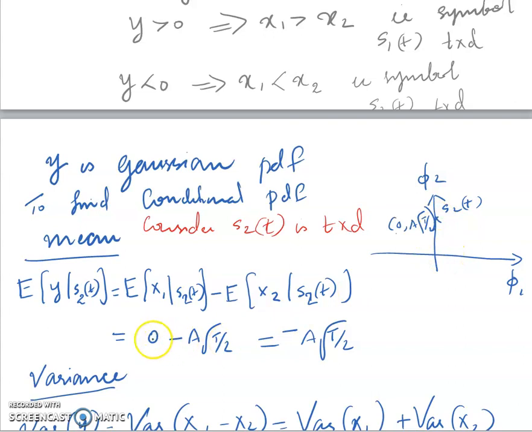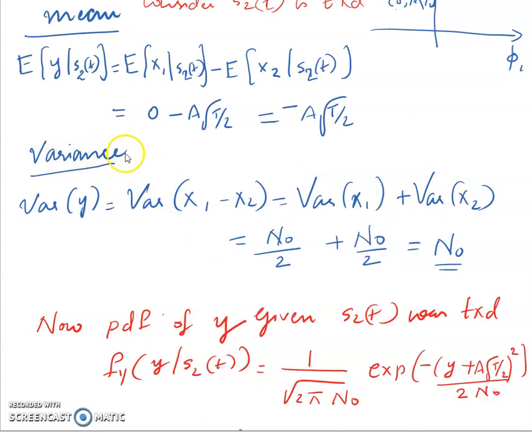So, the mean will be 0 minus... Then the correlator output x2: the coefficient corresponding to x2 here is root E by 2. So, it will be 0 minus root E by 2, or minus root E by 2. So, that is the mean.